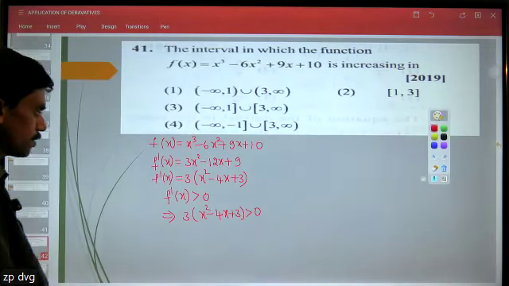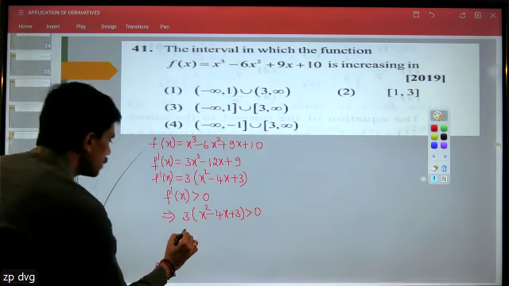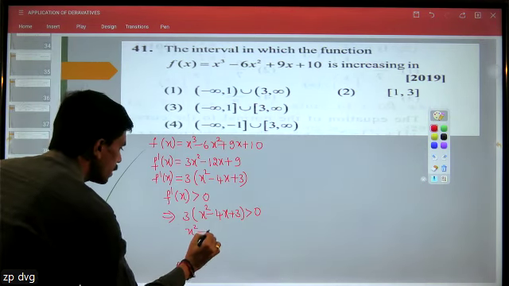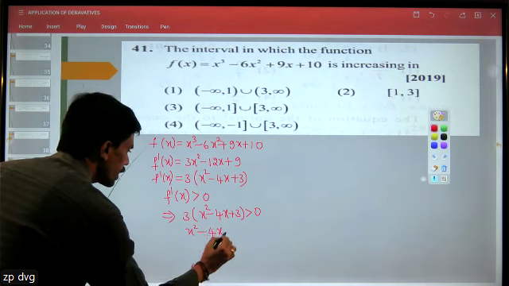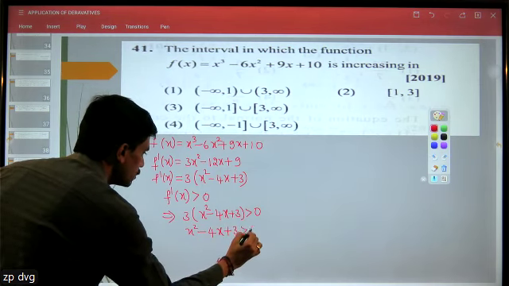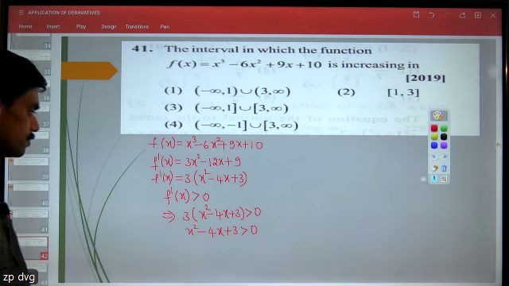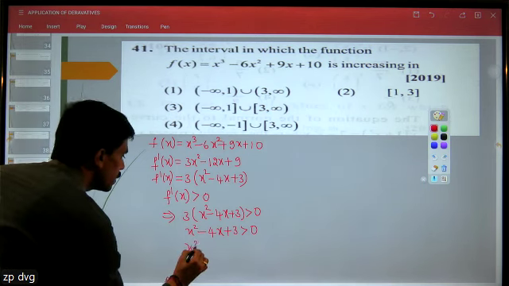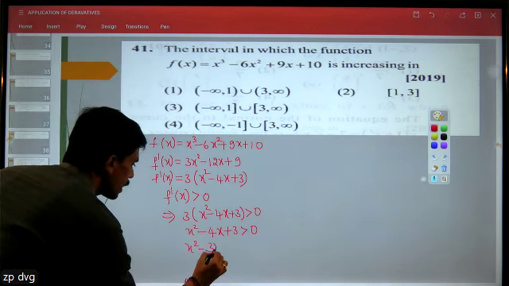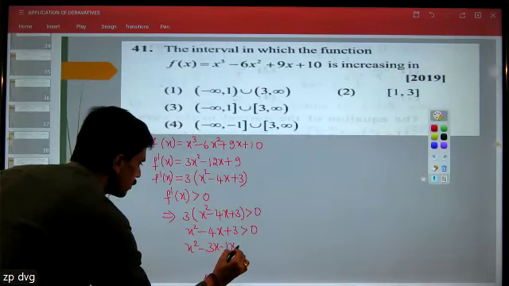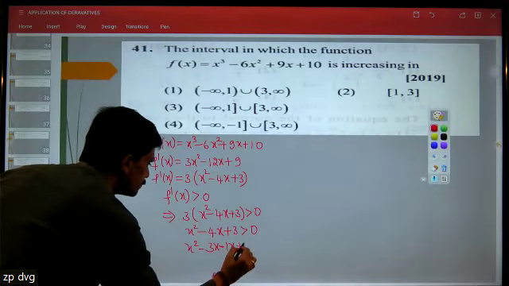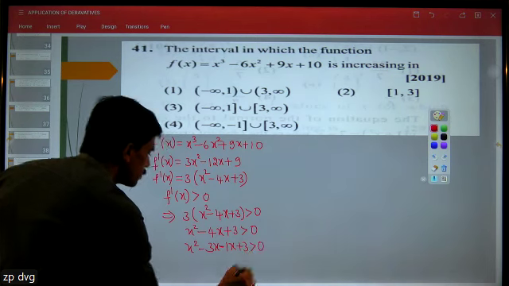We know that 3 is greater than 0, that's why we take x square minus 4x plus 3 greater than 0. It is a quadratic equation. If we multiply, we get 3. If we add, we get minus 4. So x square minus 3x minus 1x plus 3 is greater than 0.